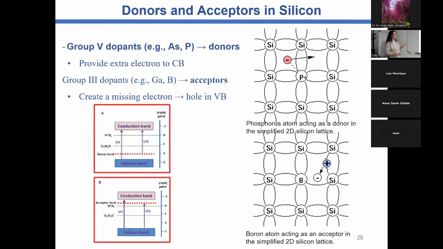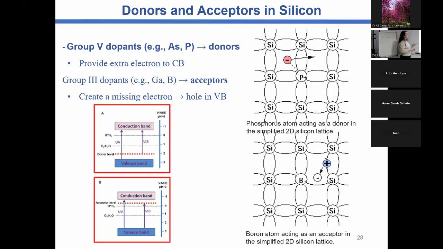It makes just 3 bonds, but silicon makes 4. So it means that we have one hole in the silicon that can move around this lattice. So depending on the element that we use, we can create different conductivity in the material.